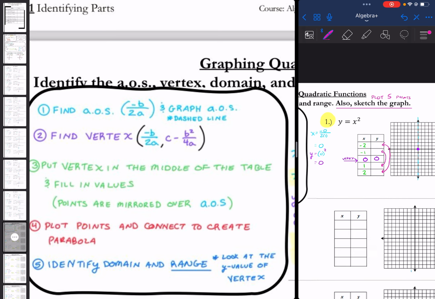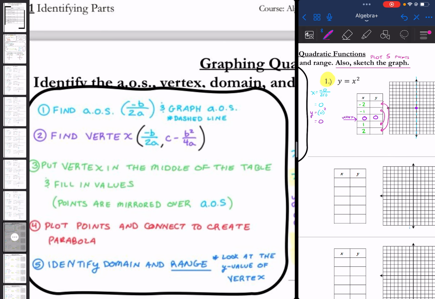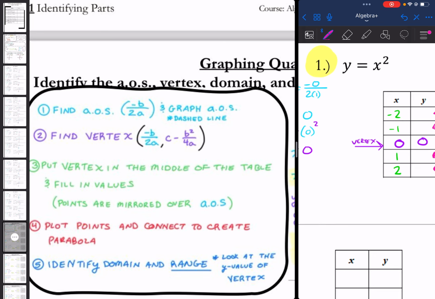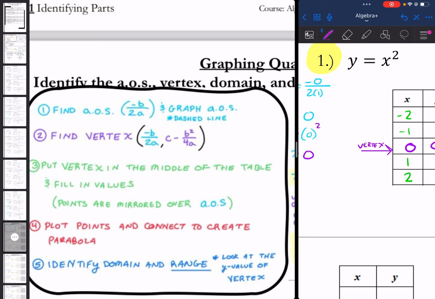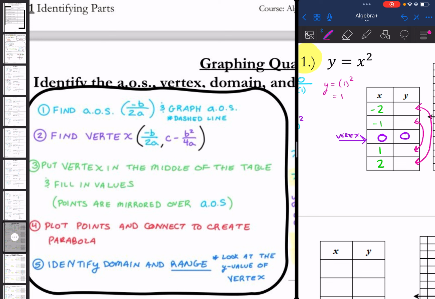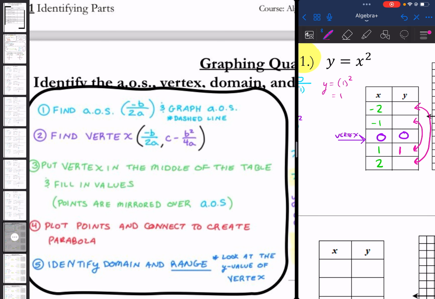And as we said before, if you have an x, you can find out what y is. So let's say your x is a 1. So you get y equals 1 squared, which gives me 1. That means this is a 1, which means this is also a 1. And then we get y equals 2 squared, which gives me a 4. This is a 4, which means this is also a 4.